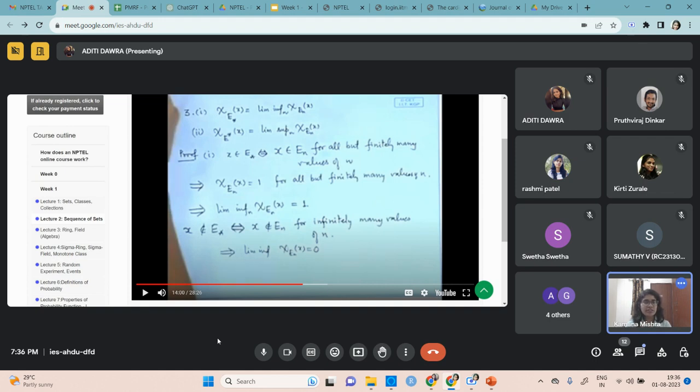But it will change in cases like 1 minus 1 upon n, where the infimum will be 0 and its supremum will be 1. So it depends. But here, if a set contains only ones, like chi En of x is equal to 1 for all the finitely many n, then its infimum will also be 1.